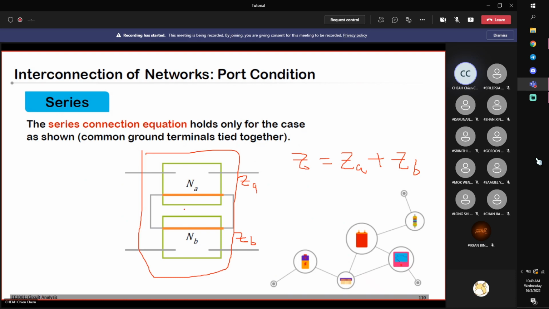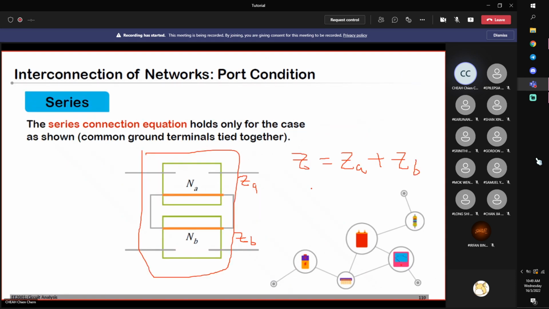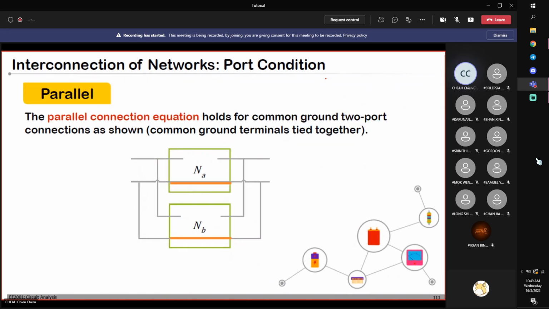So similarly, if you have parallel combinations, remember for series, suppose that you have two resistors in series, you add up the resistance, correct? If you have two resistors in parallel, you add up the conductance, then you get the equivalent resistance.